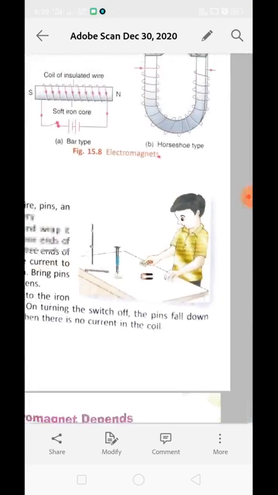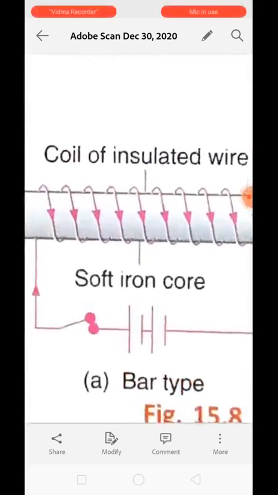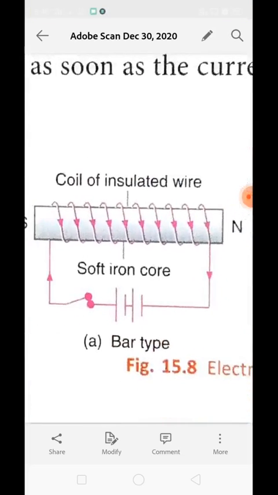We have already learned that we are coiling the insulated wire over a soft iron piece. So if this number is increased, the strength of the electromagnet will also increase. If the number of coils is decreased, then the strength of the electromagnet will decrease as well.